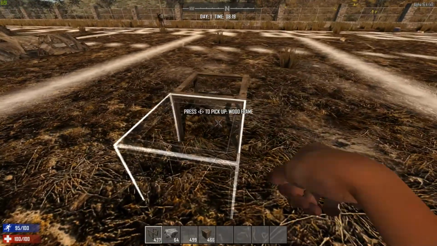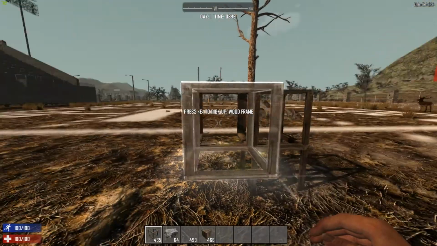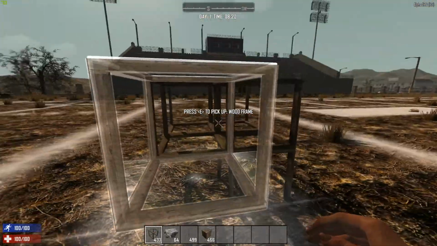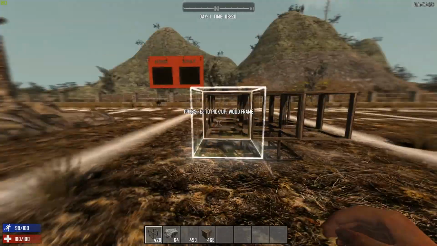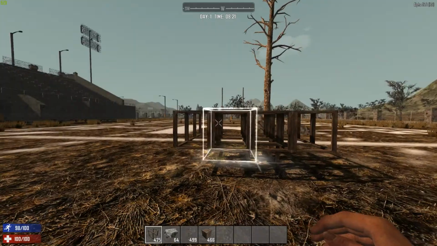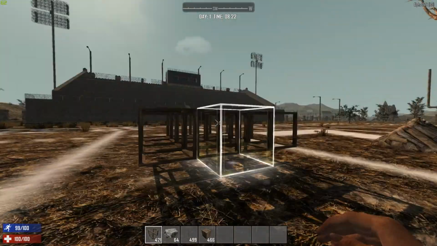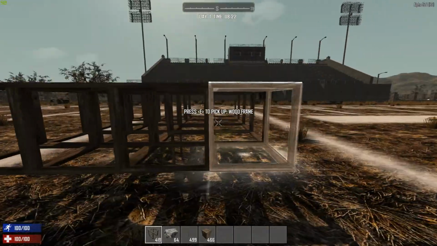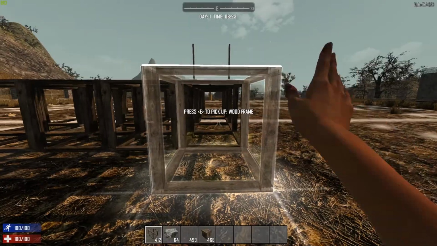Well, let's see if it did the same thing using the wood frames. So we start with a single wood frame. And then we make a 3 by 3. Okay. And now, of course, we are going to want a wall. So we have to expand that 3 by 3 into something larger.